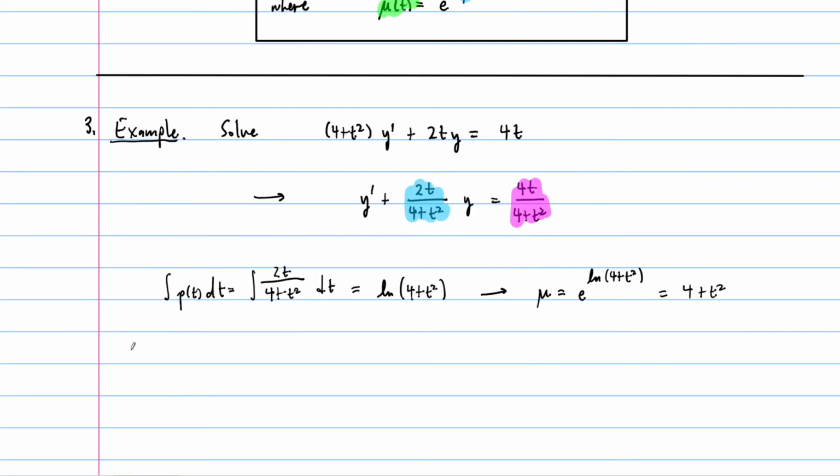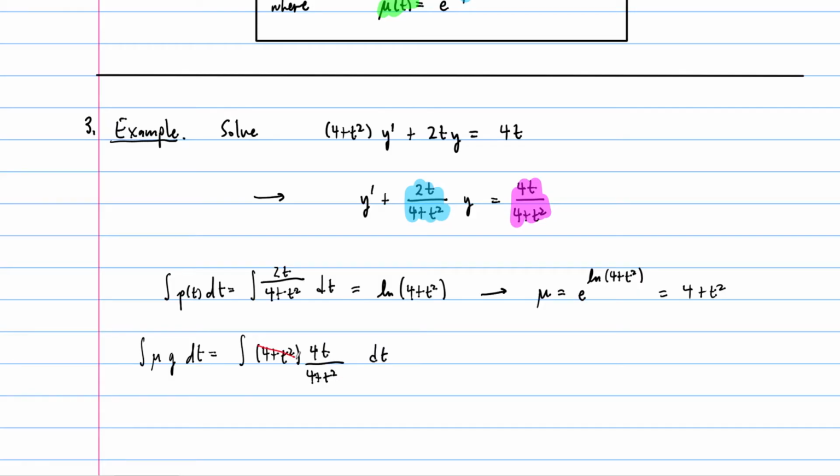All right, so for our general solution, our integral of mu times g dt is going to become the integral of 4 plus t squared times, on this side, 4t over 4 plus t squared, dt.